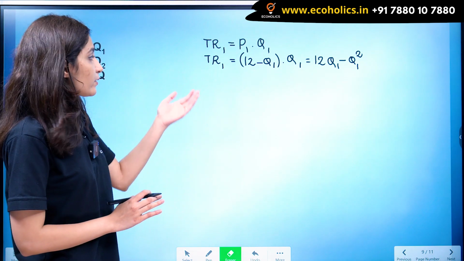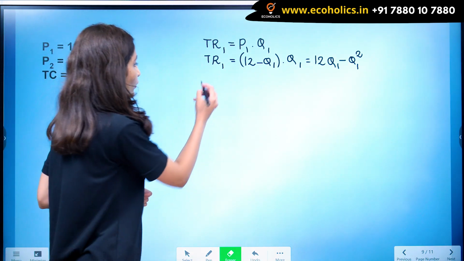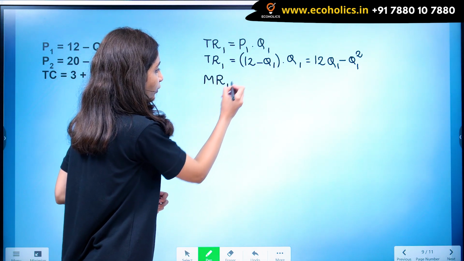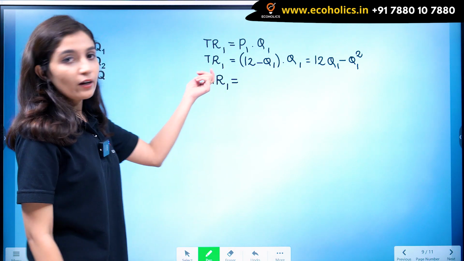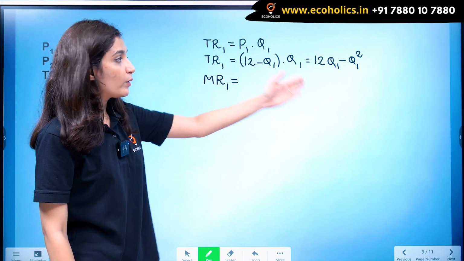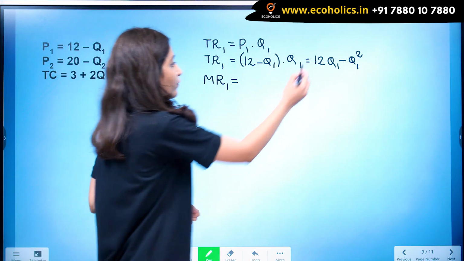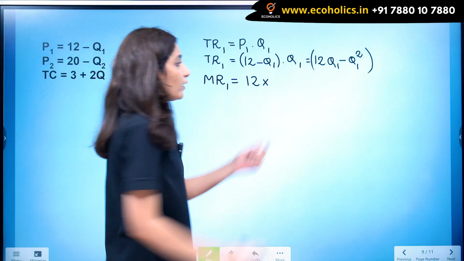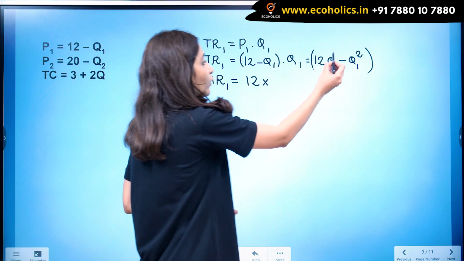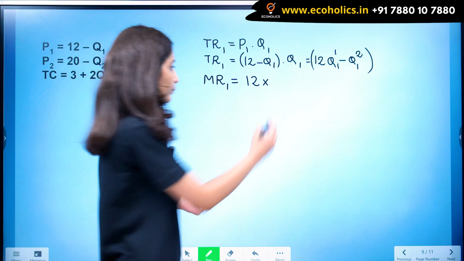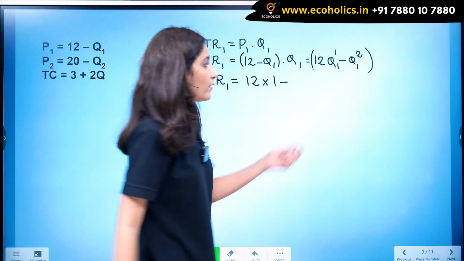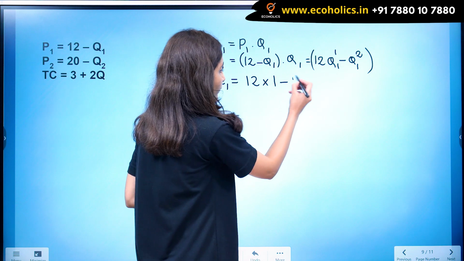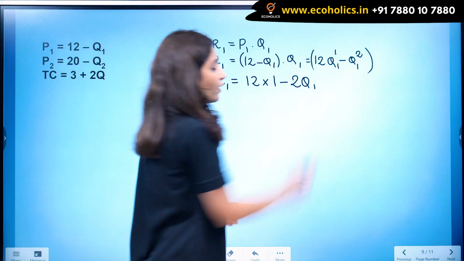Now to find marginal revenue in the first market, we differentiate total revenue in the first market with respect to Q1. The differentiation of this term is 12 into the differentiation of Q1 raised to 1, which is 1, minus the differentiation of Q1 square, which is 2Q1.